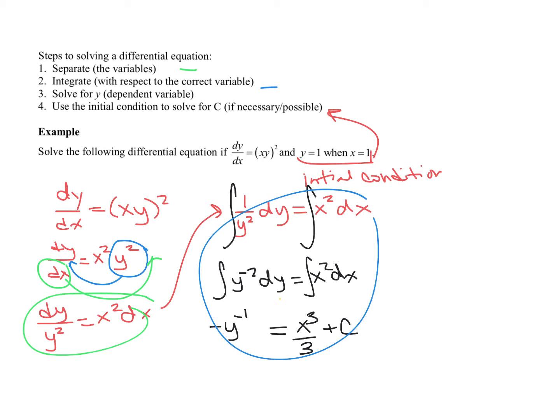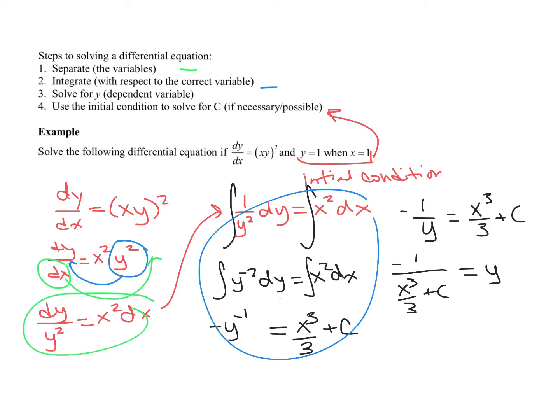When we solve for y, we have negative 1 over y is equal to x cubed over 3 plus c. This is not an ideal problem, but we'll get it to work. That gives us negative 1 over (x cubed over 3 plus c) is equal to y.